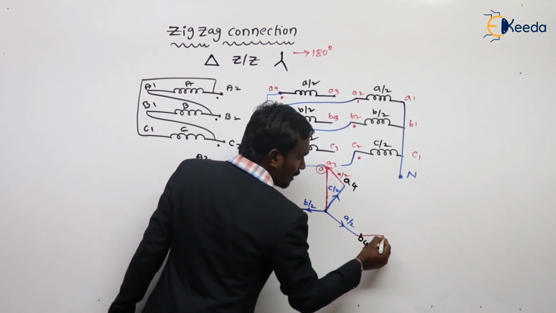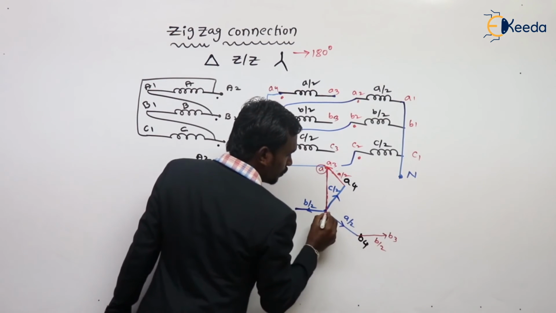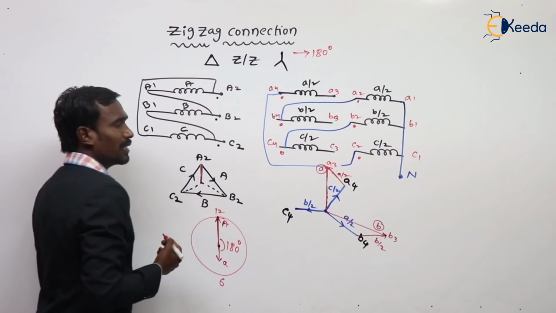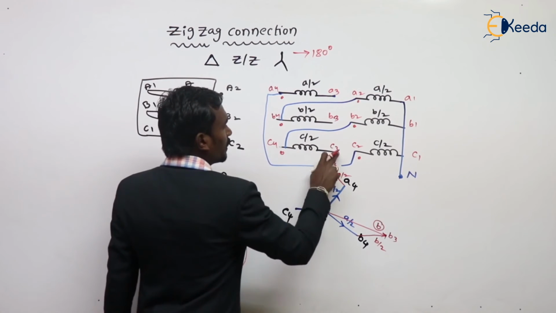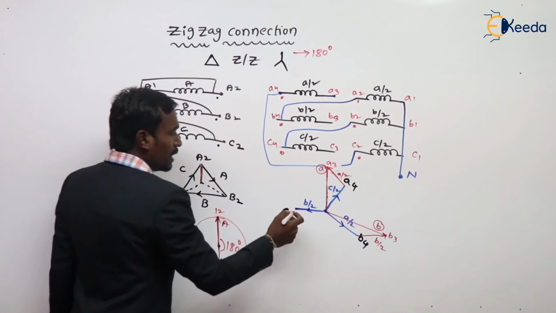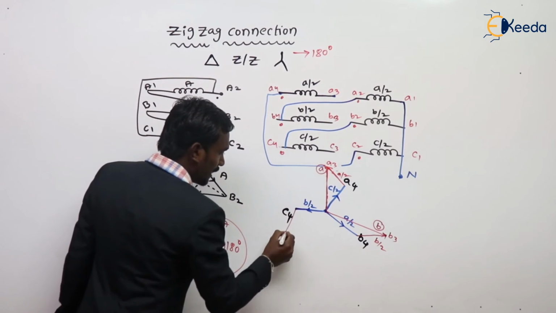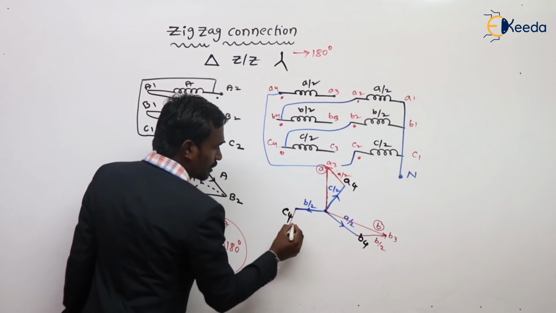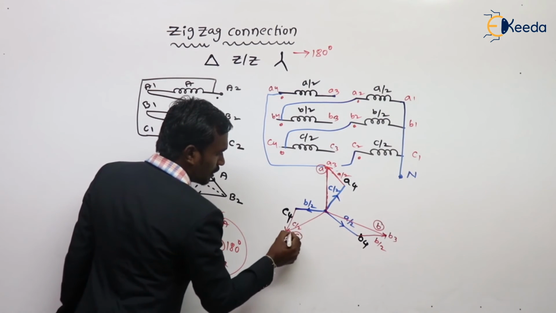So exactly like this, from B4 to B3, B by 2. And this is actually B. And next one, C4 to C3, C by 2. Where is my C? C is in upward direction. Here C should be in downward direction. Exactly in downward direction, C4 to C3, C by 2. And this is our actual C.